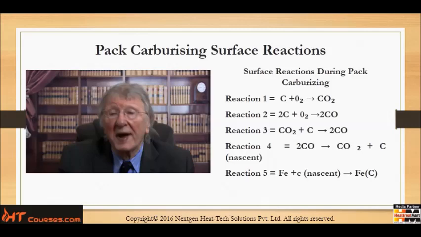Reaction 3, we have carbon dioxide plus carbon, which again releases through a reversible reaction, carbon monoxide. Reaction 4 is 2 parts of carbon monoxide, which equals carbon dioxide plus nascent carbon.